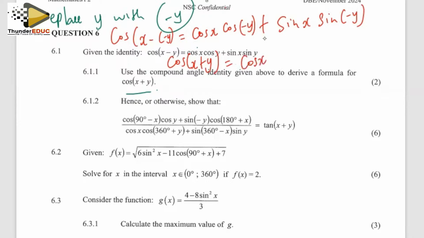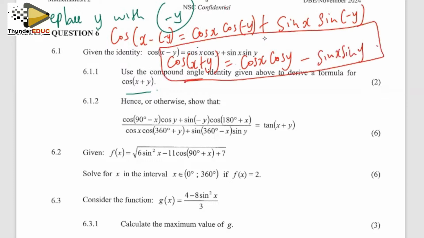We know that the cos of a negative angle is the same as the cos of a positive angle, so that is cos y. Then the sine of a negative angle, we have to take the negative out. So that's going to be negative sine y, so we get a negative sine x sine y. So I have proved, or I have derived just from that.